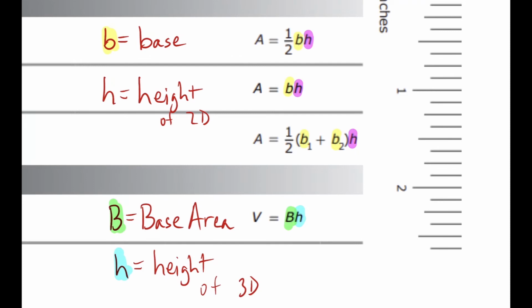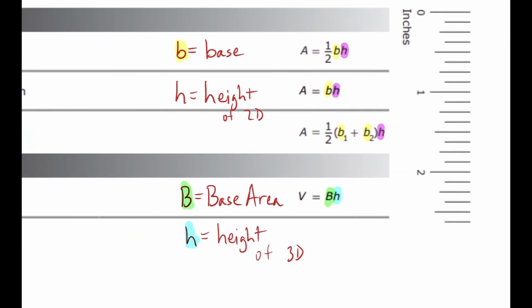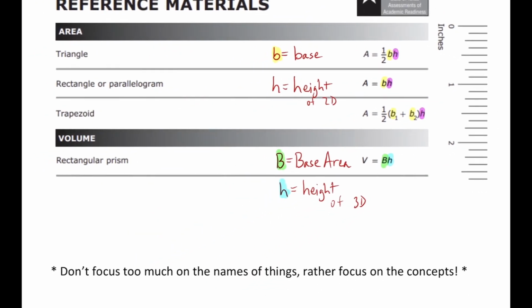If we were in class, I would be able to demonstrate this a little more. Don't worry too much about it. It's confusing because I have the same letter, meaning the same word, height, but they're two completely different things. I have the height of my 2D object here, and the height of my 3D object here. We'll talk more about what that is. Don't worry too much about this.